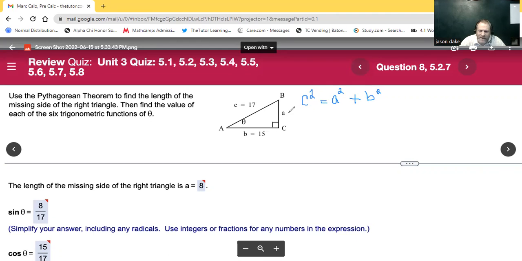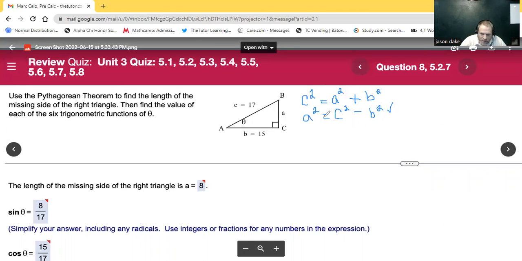We are going to find a. So a squared equals, now we have to move the c over here, and when we do that, we have to change the sign to negative, and b squared. So this is what we're going to go with.